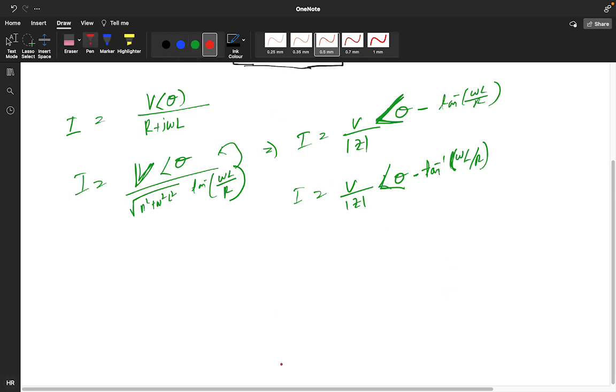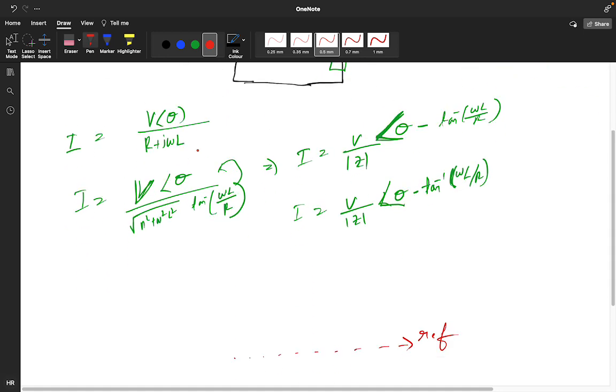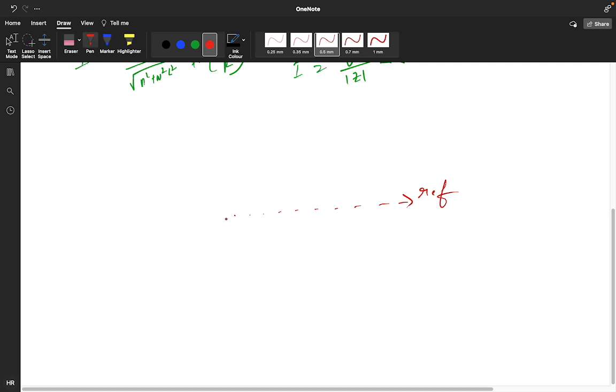Suppose you have a particular reference, you have to draw V at an angle theta. I am drawing it leading by angle theta.